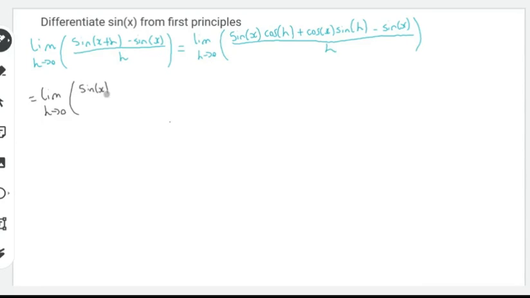The sine x cos h and the minus sine x, I probably group them together, so that part is sine x open bracket cos h minus 1. And then I've got the plus cos x sine h all divided by h.